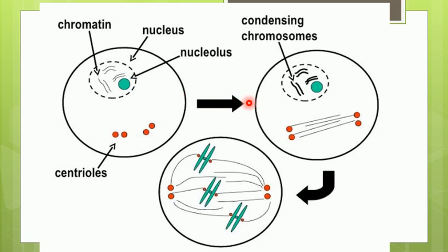In the prophase, the condensation of the chromosome starts, and in the metaphase they will form the typical chromosome structure. Now the spindle fibers will start attaching to these centrioles, and these spindle fibers will also attach to these chromosomes.